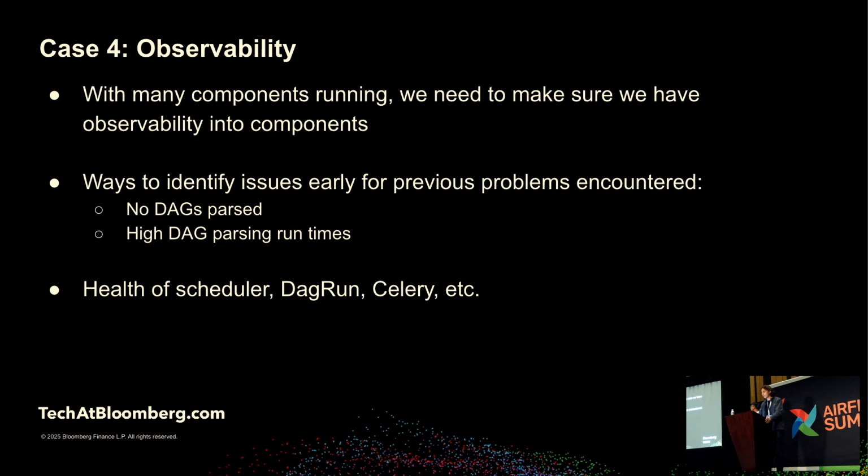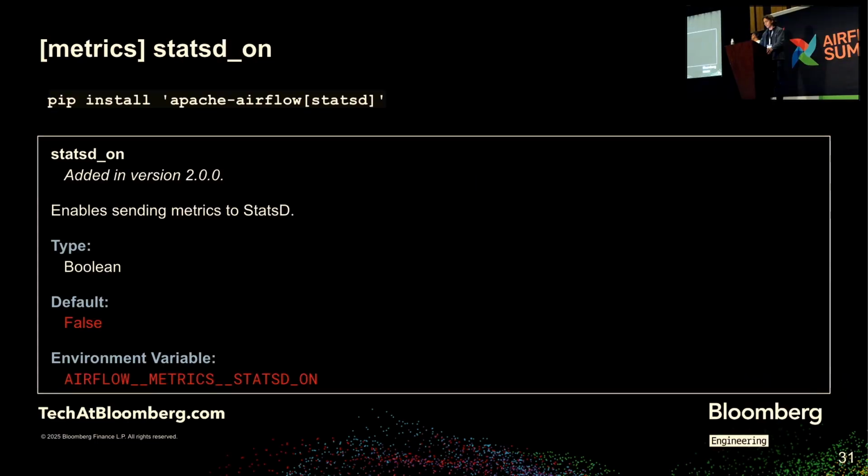And we also want to have an overview of the system health by looking at the health of the scheduler, DAG run, Celery, etc. And the way we've achieved that is by leveraging statsd within Airflow.